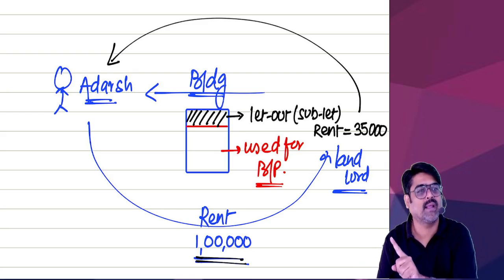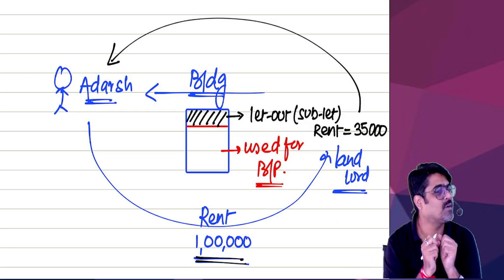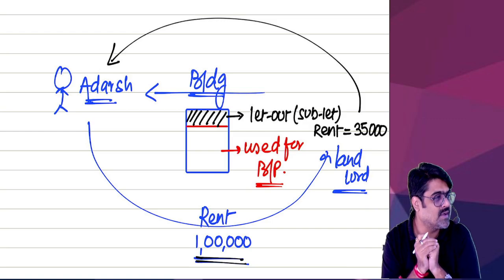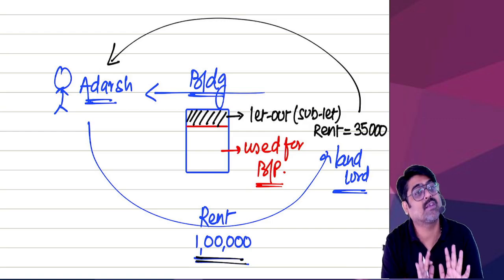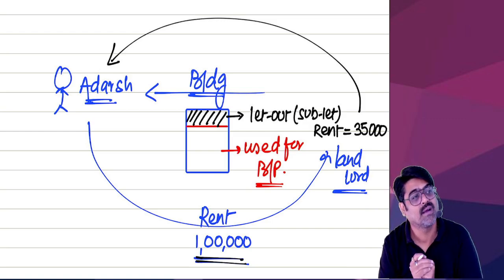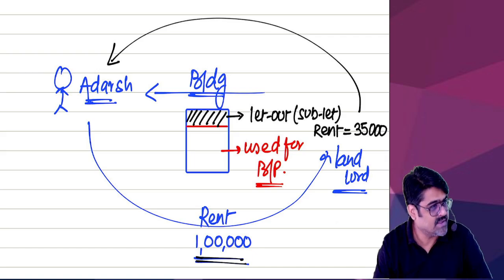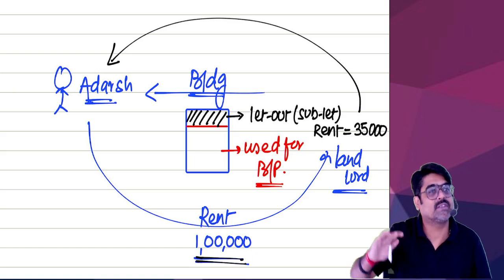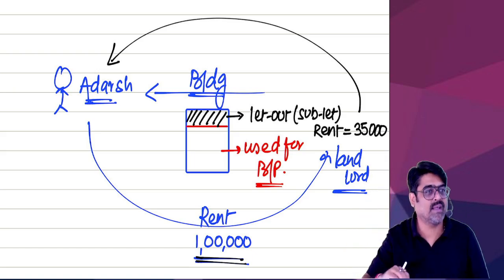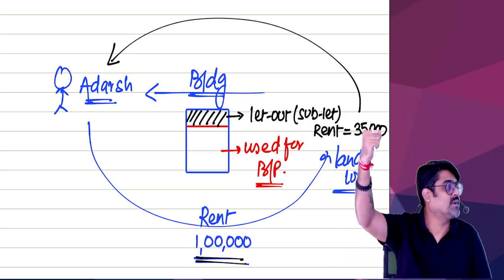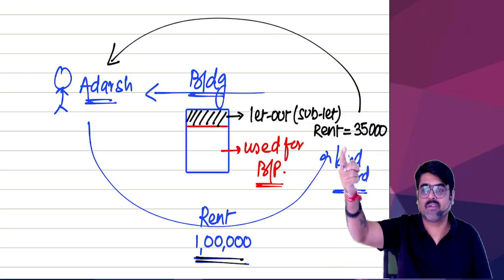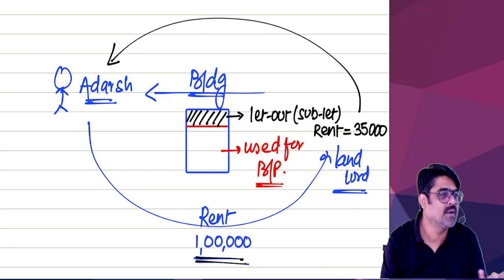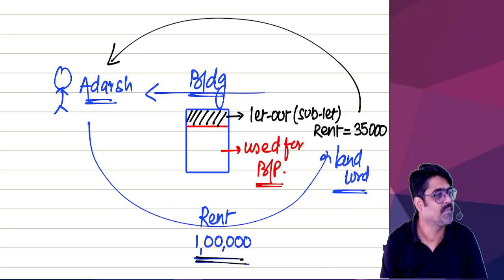Because out of 1 lakh, he is already recovering 35,000 by subletting some portion of the building. So how much actual rent is he spending? 65,000. So under the head PGBP, he should be allowed only 65,000. So instead of taking the deduction of 1 lakh here, then showing 35,000 taxable under the head IFOS, don't do all those things. Just claim 65,000 under the head PGBP.